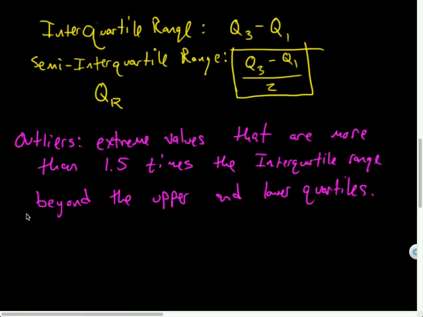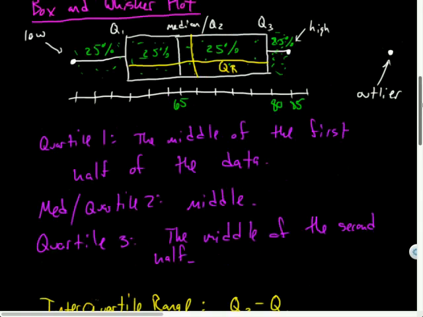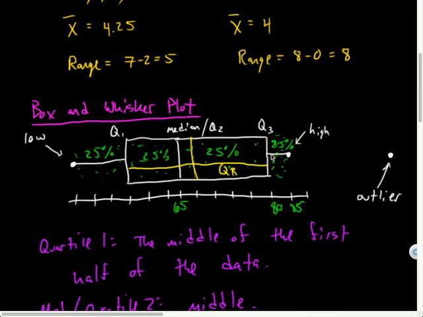But the concept of an outlier is what I really care about you understanding. It's so far beyond the data that there was probably some error in the data that was read. So if this is my interquartile range, I would take this quartile and then do 1.5 times that. The data would still have to be past that.